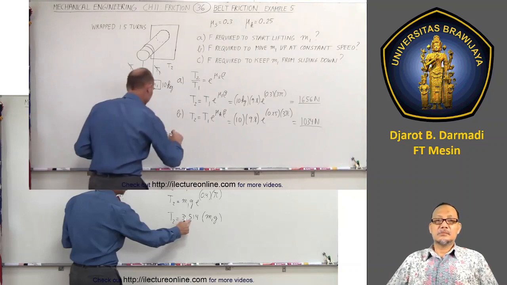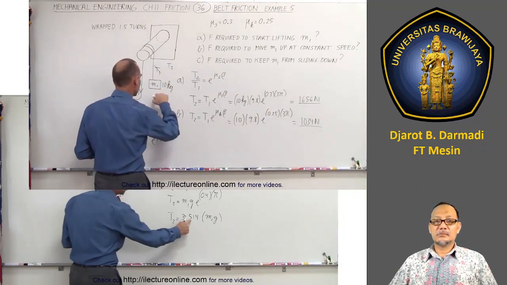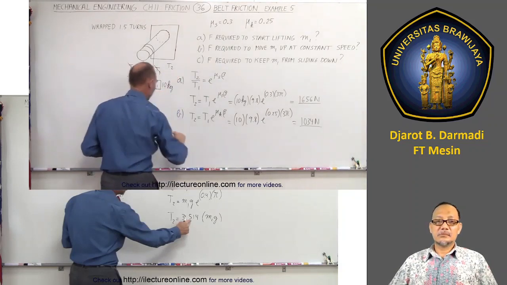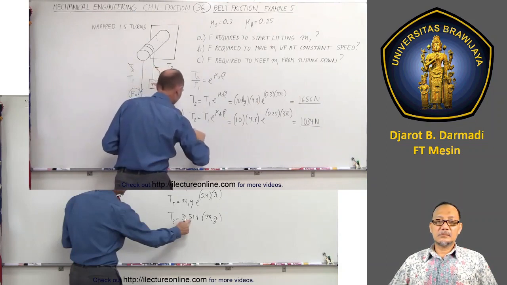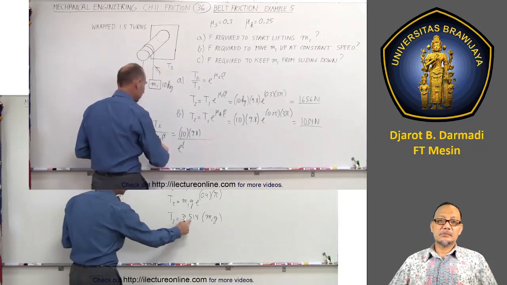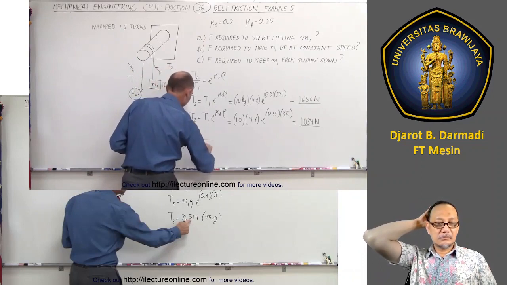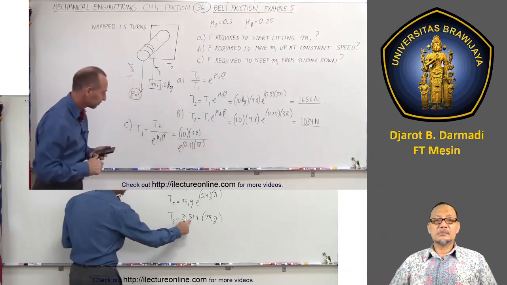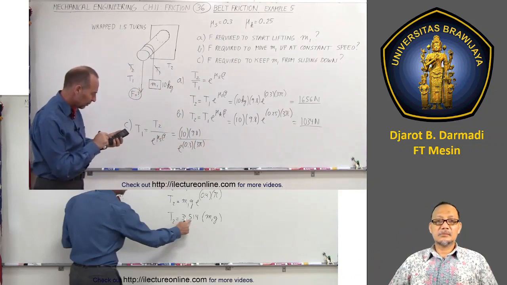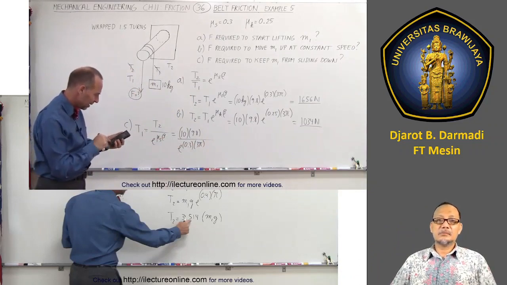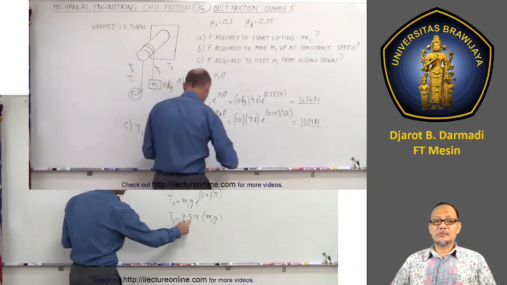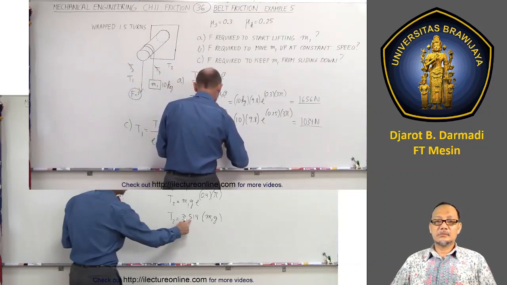So in this case, since this is T2, that would be 10 kilograms, the weight of that object, times 9.8, and divide that by e to the, again, the static coefficient of friction, 0.3, because nothing is moving yet, and 3 pi for 1.5 turns. So 0.3 times 3 times pi, make that the exponent, bring that to the numerator, and times 98 equals, and it only will require 5.8 newtons.